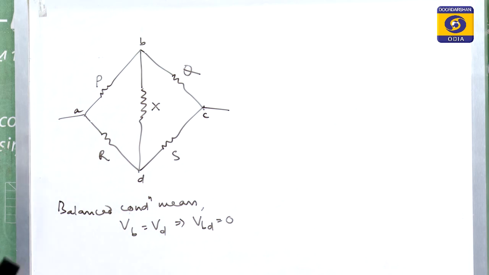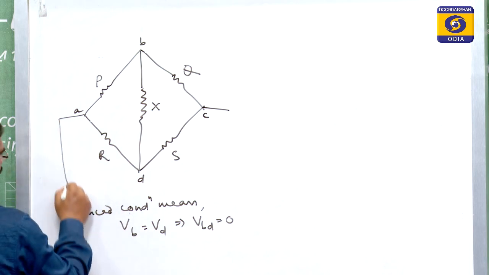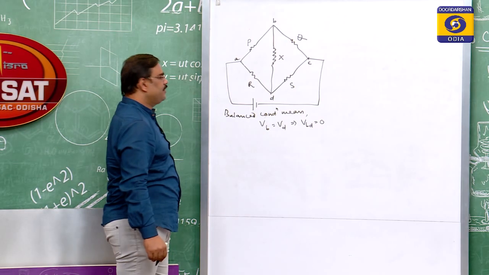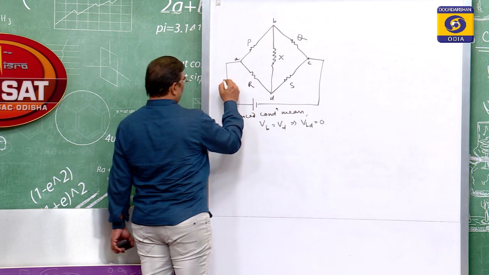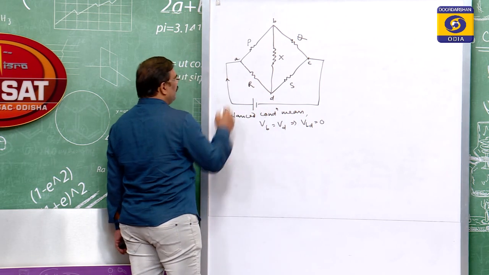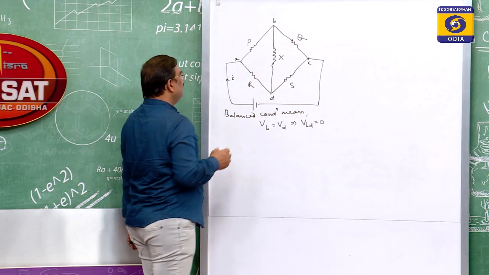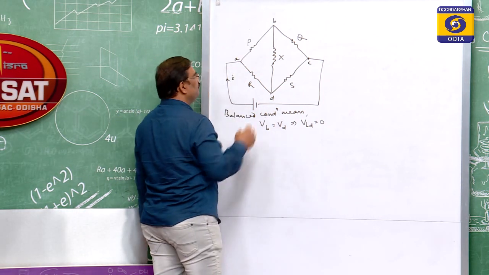So, to find this one, let us connect these two ends to a battery and let a current I enter into the bridge.